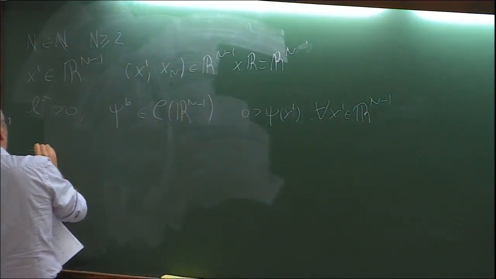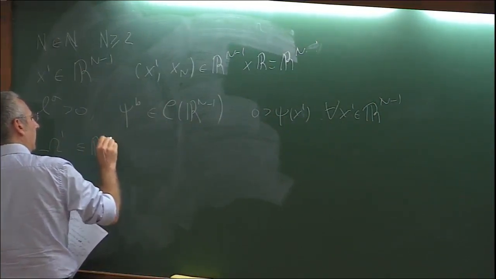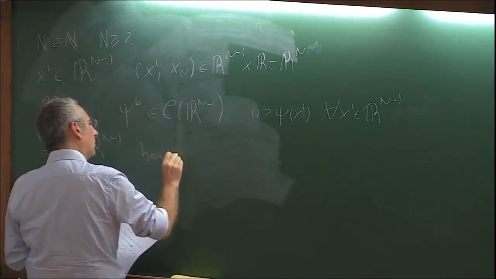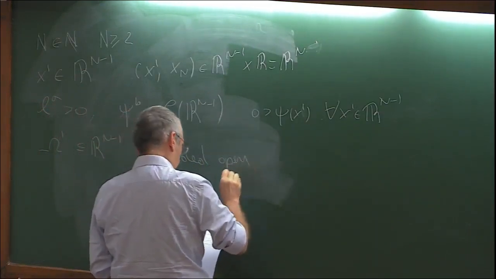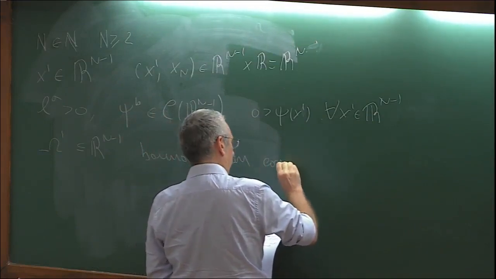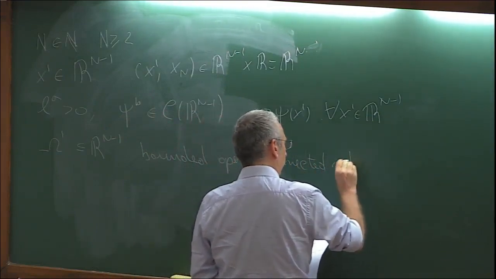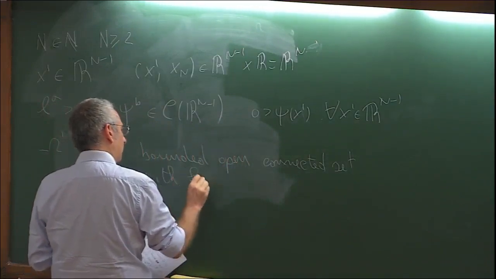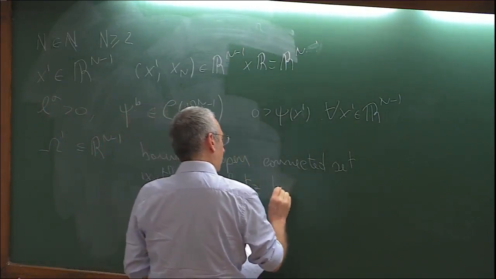And finally, we denote with omega prime a subset of R^(n-1), which is supposed bounded, open, connected set with Lipschitz boundary.